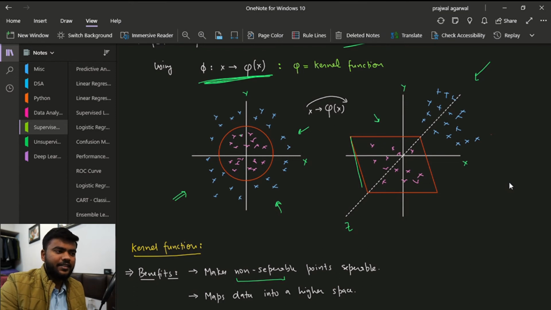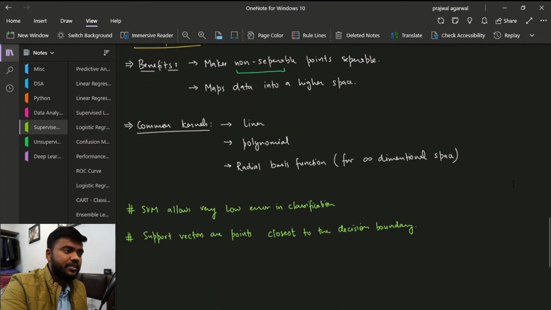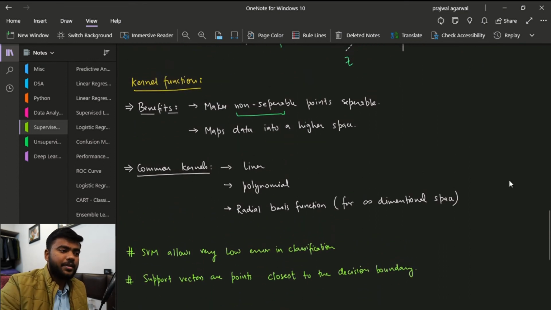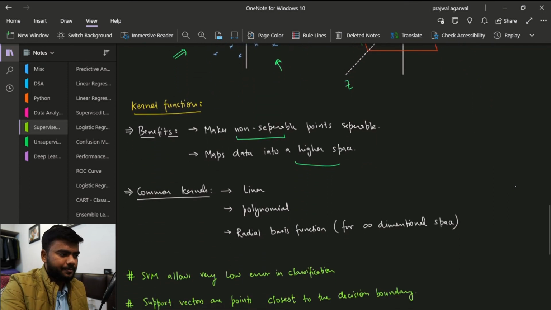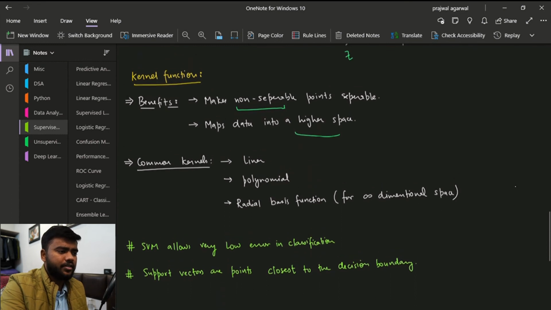Real data sets are not this easily separable. So the kernel function makes non-separable data points separable, and maps the data into a higher space, as we have just seen. All the points go through the kernel function and the result is mapped into the higher space.